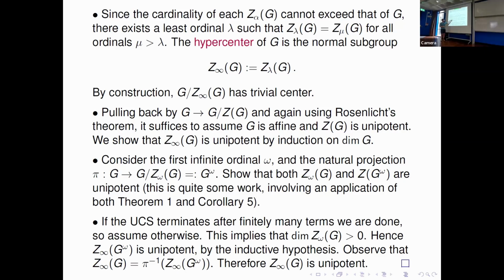This has positive dimension, so the dimension of this is strictly less than that of G. Now, in this hand-wave, I've told you that it's central and unipotent. Therefore, applying the inductive hypothesis tells us that it is unipotent. Now, by my hand-wave, the kernel of this map is unipotent. So we have an extension of unipotent groups, which I already mentioned is itself unipotent. So this thing is unipotent.